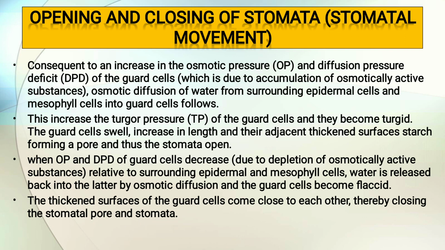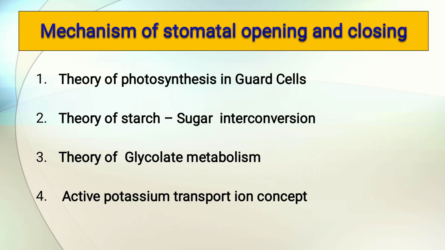The thickened surfaces of the guard cells come close to each other and thereby close the stomatal pore. Different theories have been proposed to explain the mechanism of stomatal opening and closing.